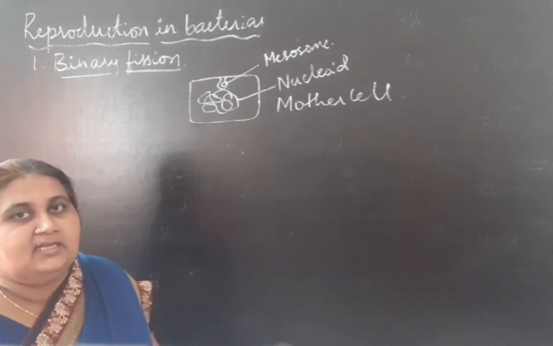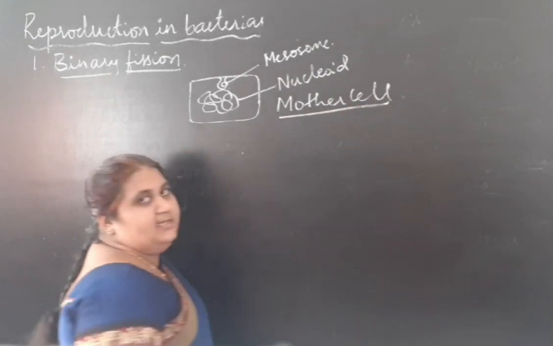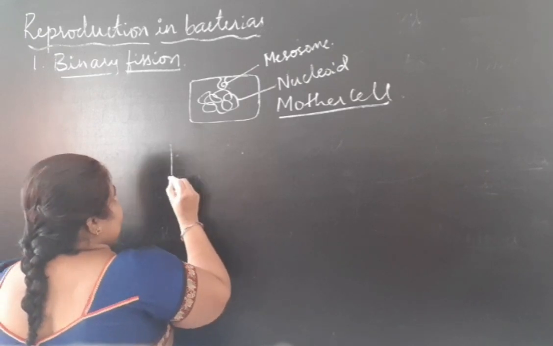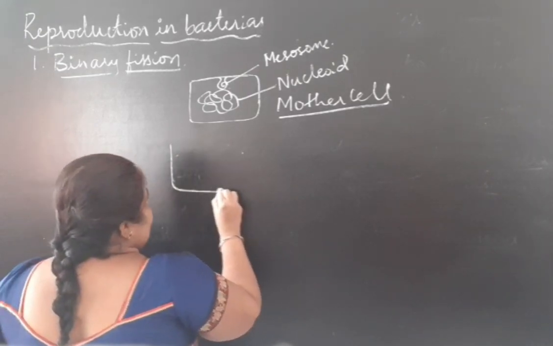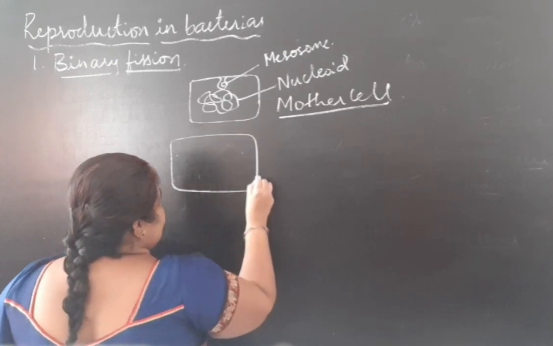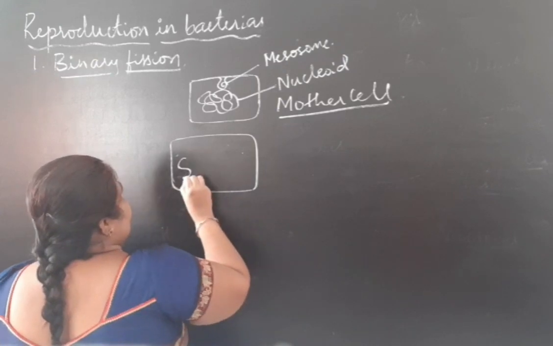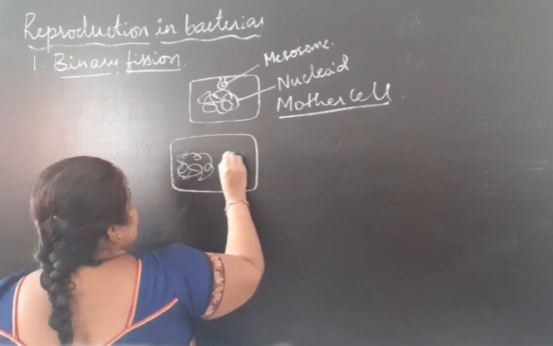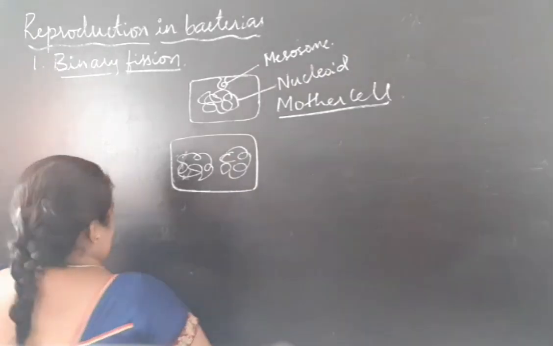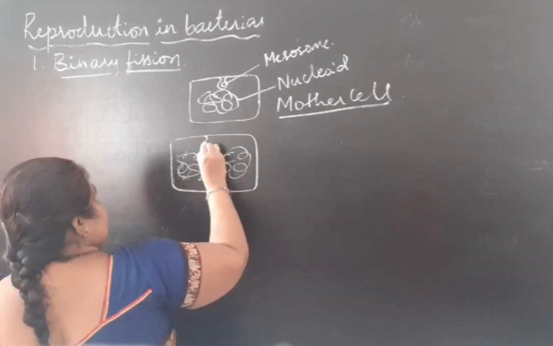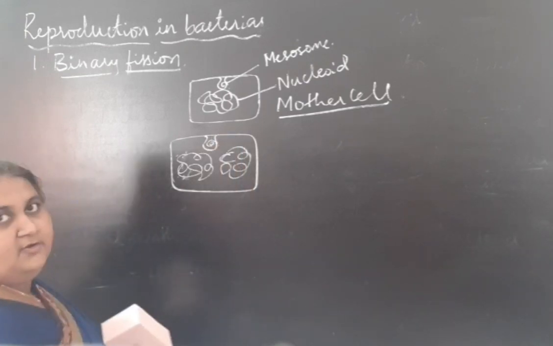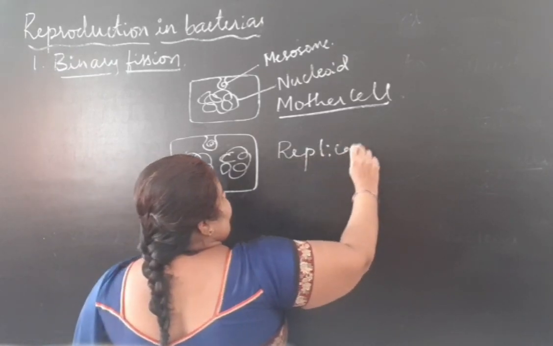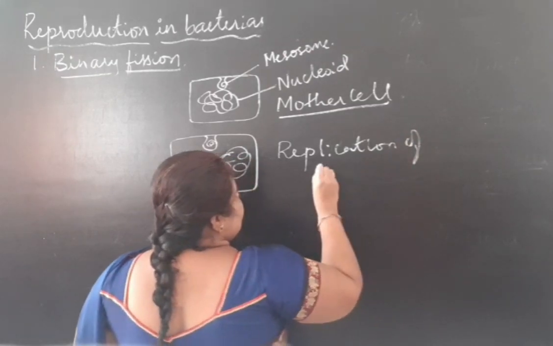So now, a mother bacterial cell. First step, replication of nucleoid.